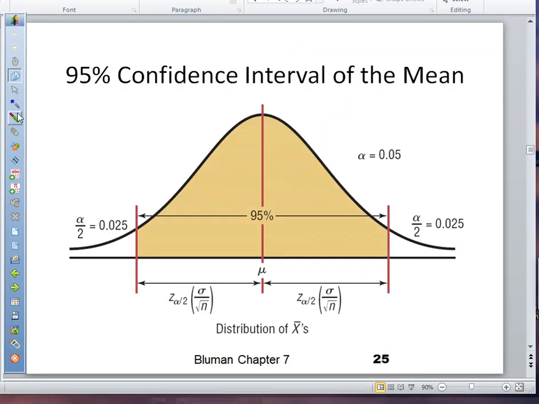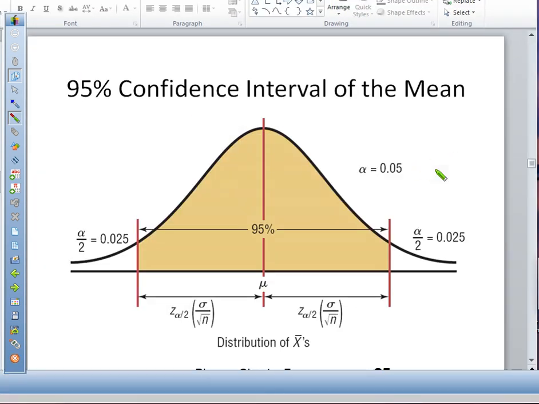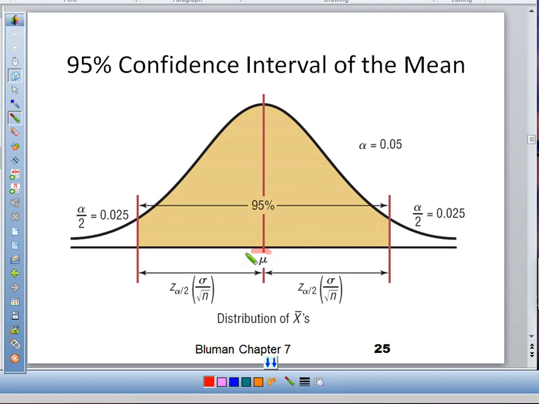All right, so this is just kind of showing you what I'm talking about here. Here's my mean in the middle that I'm trying to guess. So my mean is going to be somewhere along this range from here to here. I don't know where, but I think my mean is somewhere in here. It may not be, but I think it is, because this is where my x bar is, and I've gone 1.96 standard deviations this way, and 1.96 standard deviations this way.